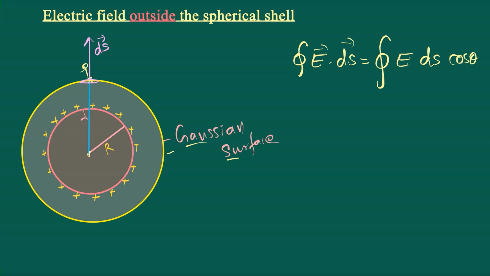It's a positively charged spherical shell and the electric field is acting radially outwards. So at this point, the electric field is also in the same direction. So theta is equal to how much? 0. That means the angle between the electric field and the area vector is 0.